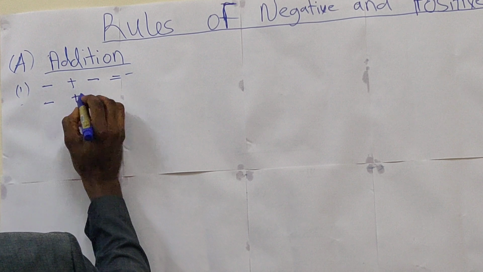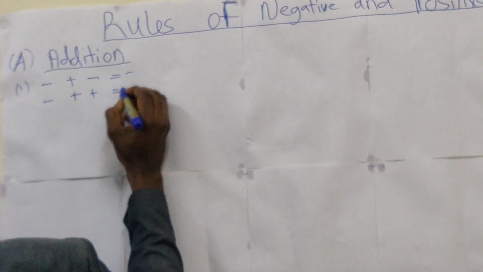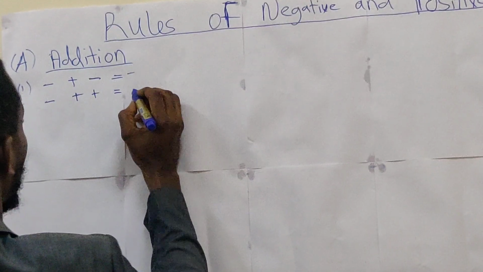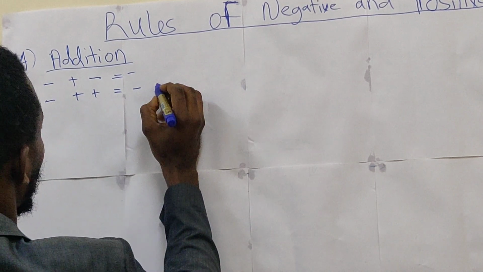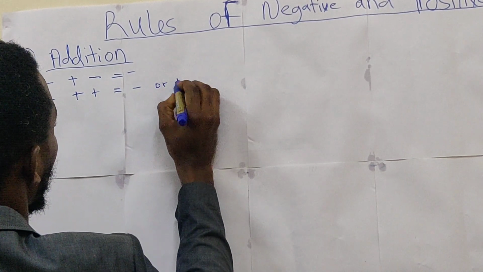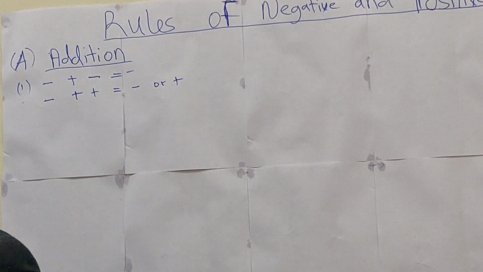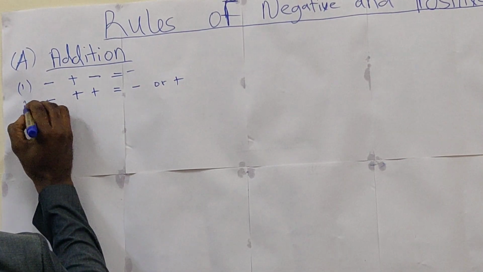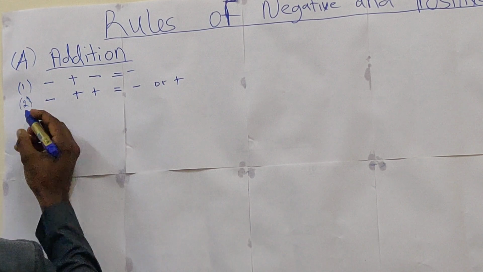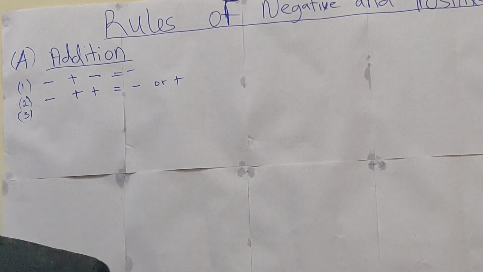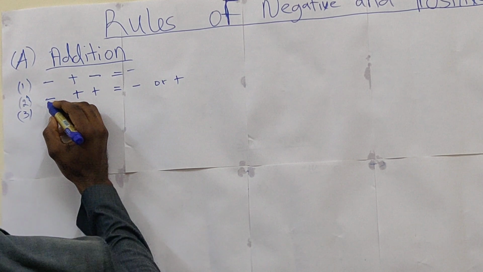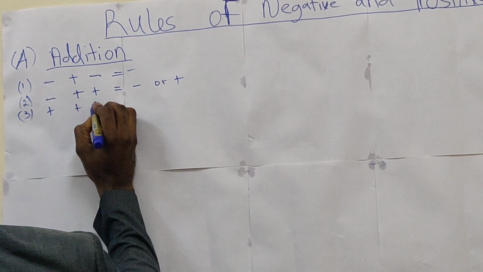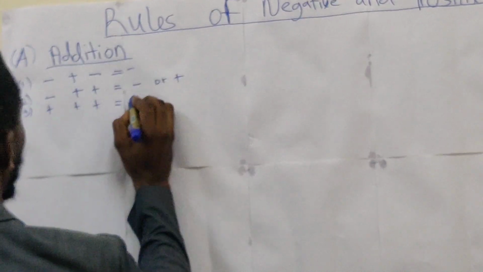Negative plus positive, which is equals to this one. You can either get a negative or positive answer. I will explain this one later when we look at some examples. Lastly, we have positive plus positive, which is positive.